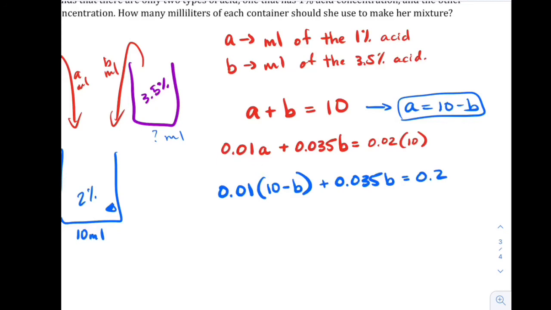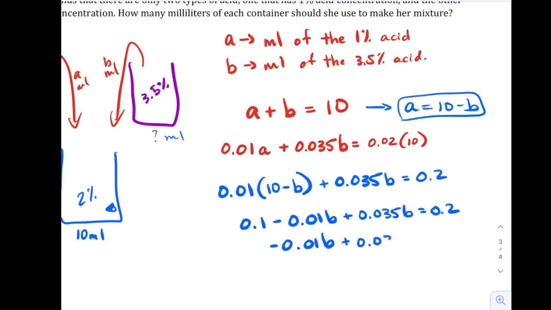When I do that, I'm going to get 0.1 minus 0.01b plus 0.035b is equal to 0.2. I'm going to get all my like terms together now. Negative 0.01b plus 0.035b is equal to 0.2, and it's being joined by that negative 0.1 on the left, right? This one just came over to that side.